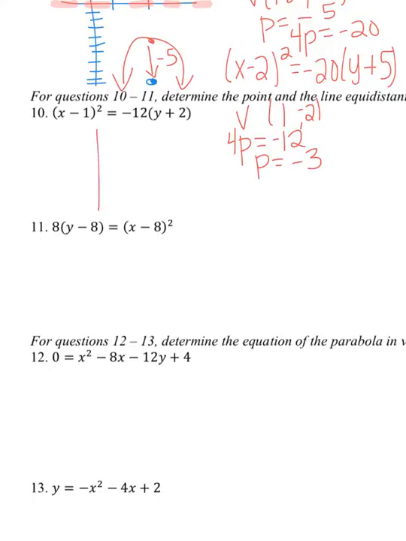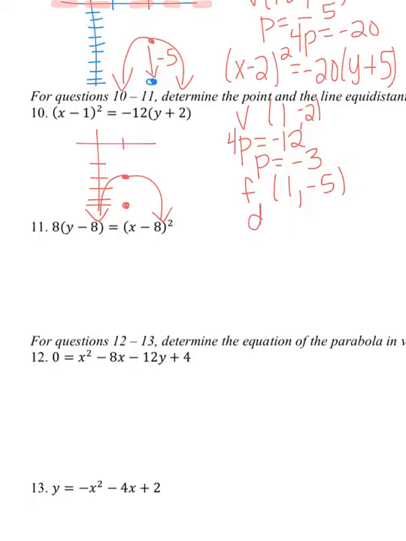So if I go to graph this, (1, -2) is right here, and it is concave down. Your steps: you are going to go down 3 to get to the focus. So I go down 1, 2, 3. This point is (1, -5). So the focus is (1, -5).